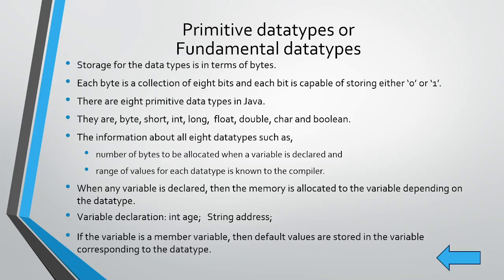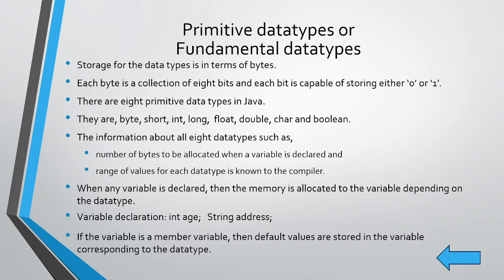And the information about all these 8 data types is already given to the compiler. What is the information? First is number of bytes to be allocated when a variable is declared, and range of values for each data type. When any variable is declared, then the memory is allocated to the variable depending on the data type.